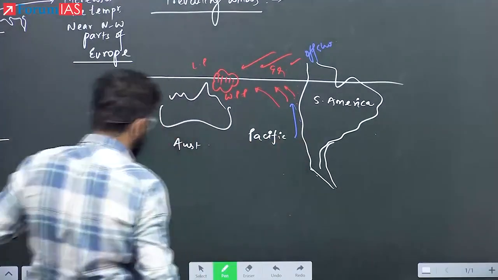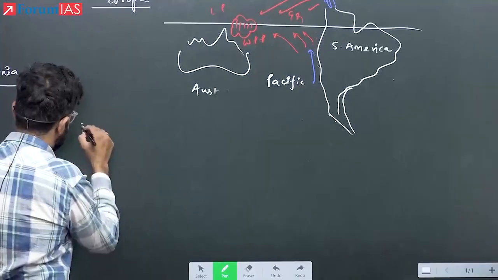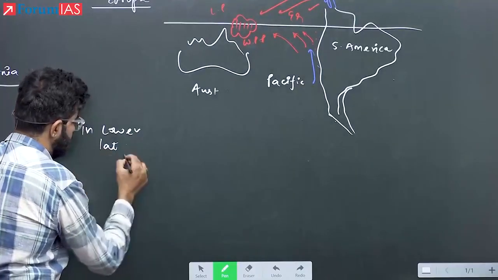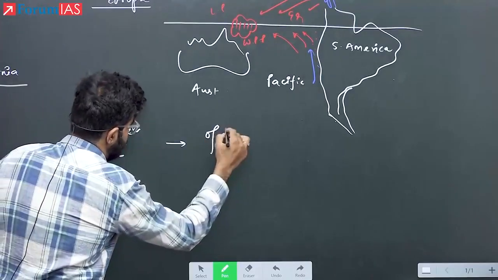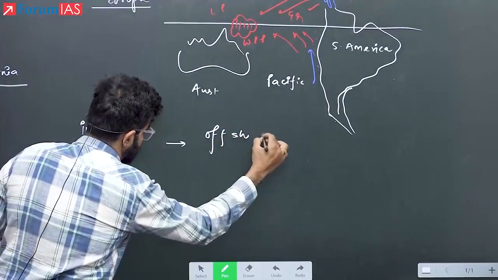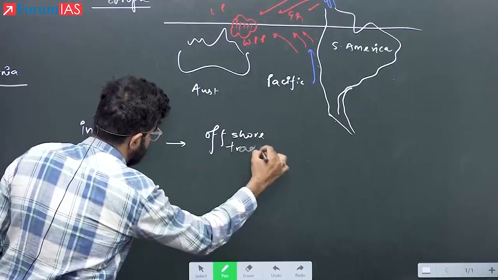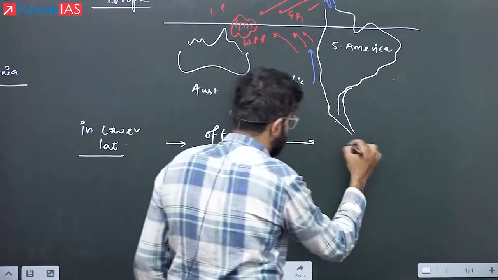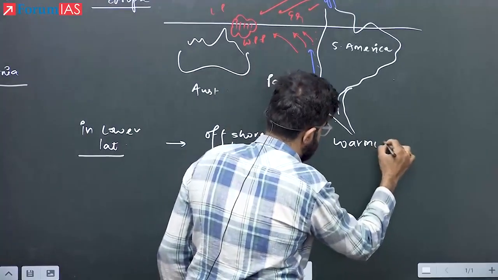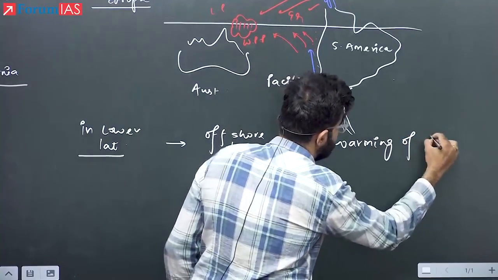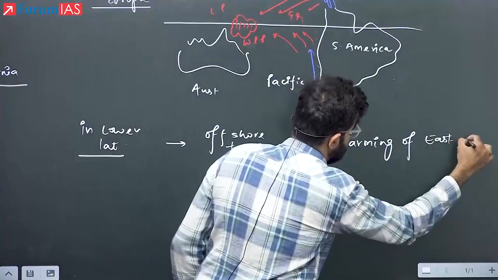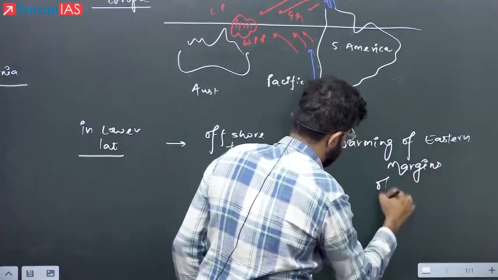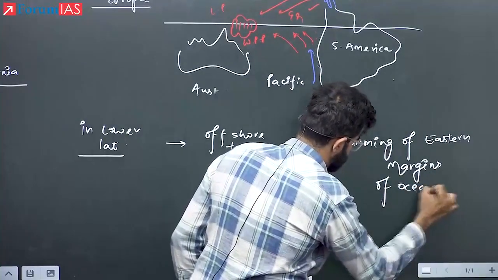Now if I write here: in the lower latitude, it is the offshore trade wind which is responsible for warming of eastern margins of oceans. Is this correct?